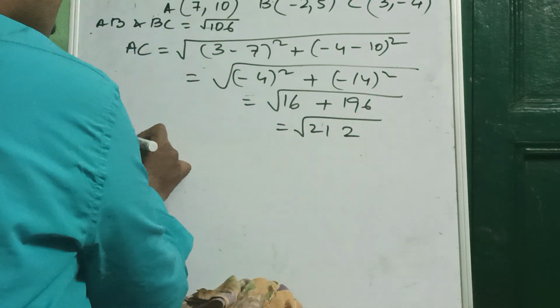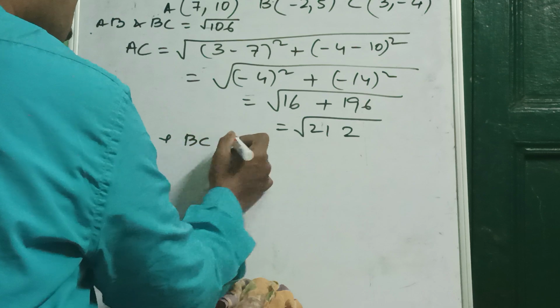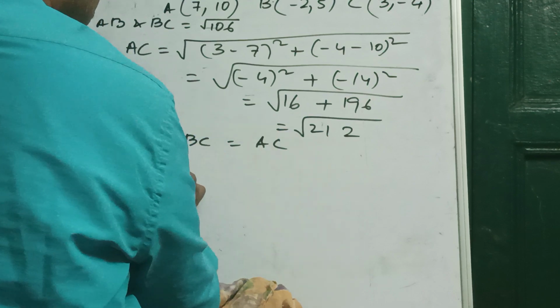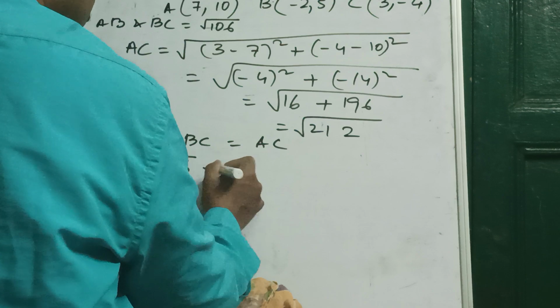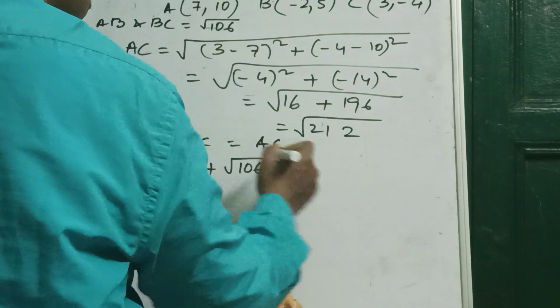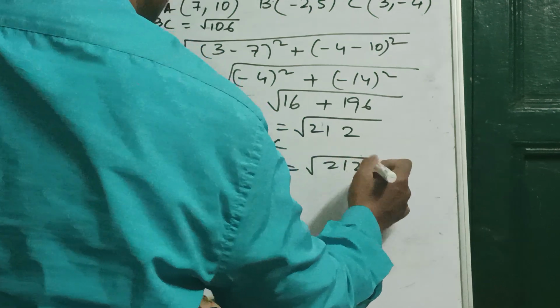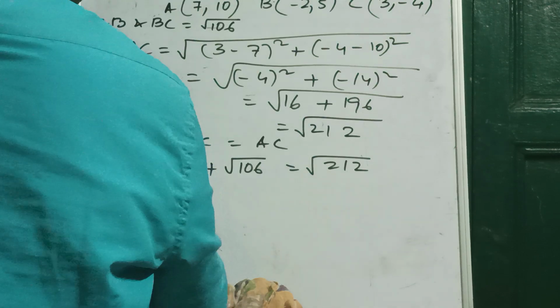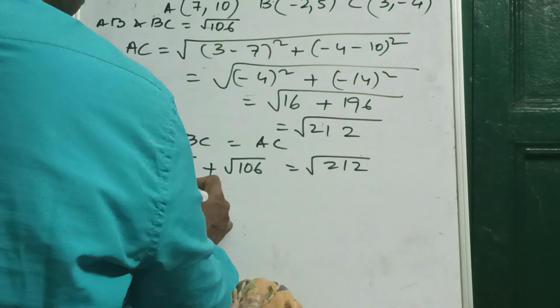We know that AB squared plus BC squared equals AC squared, and that is 106 plus 106 equals 212. So AB and BC are both equal sides, hence it is an isosceles triangle.